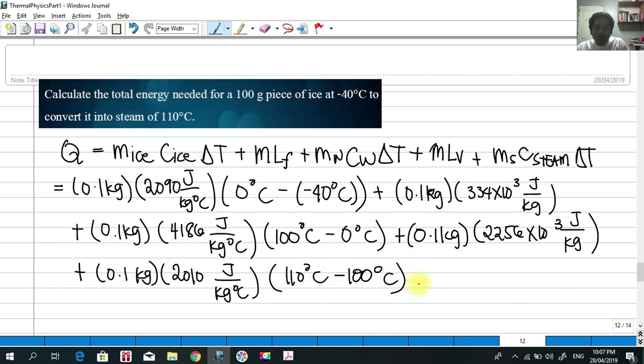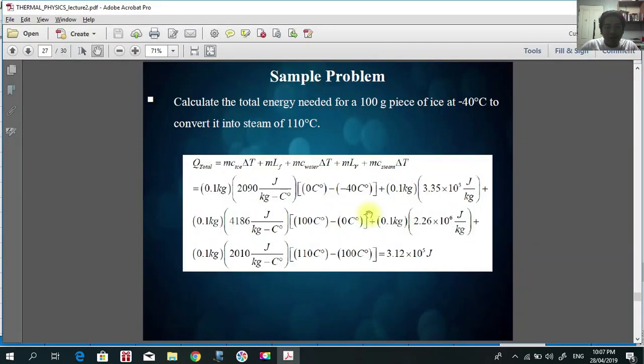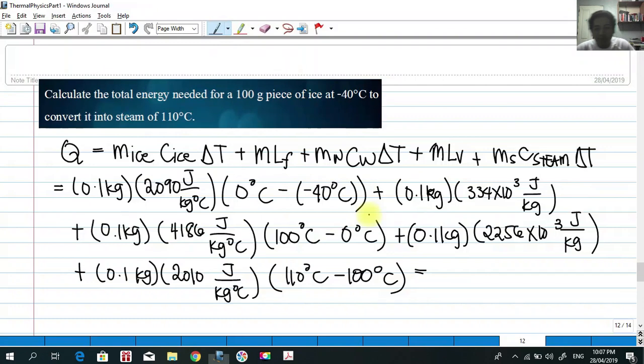If you're going to calculate it, it is a very long calculation, but still worth it if you get the correct answer. Following the same concept, our final answer is 3.12 times 10 raised to 5 joules.